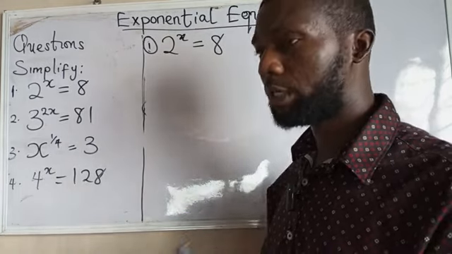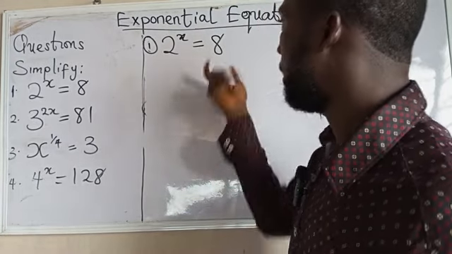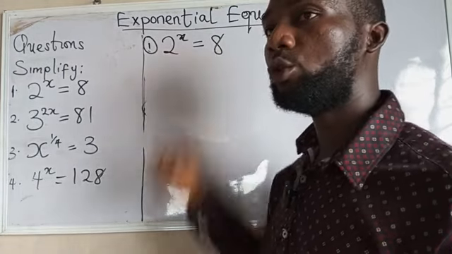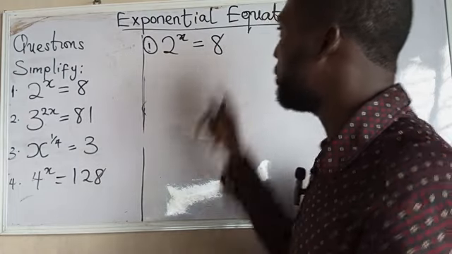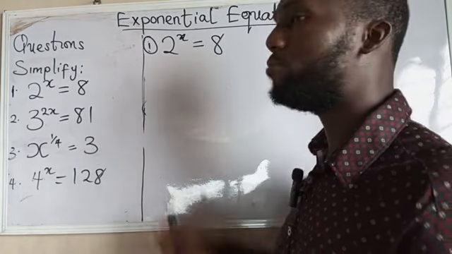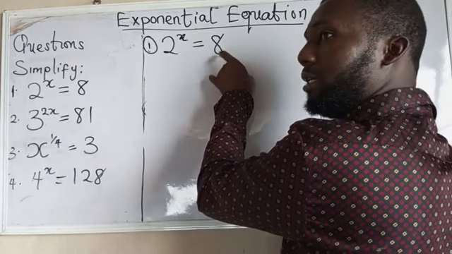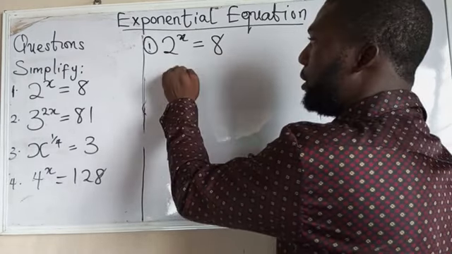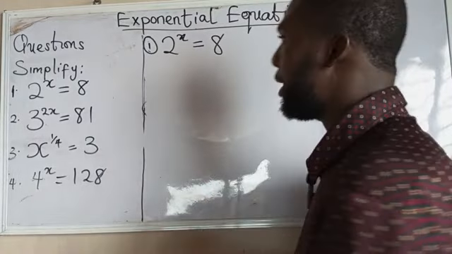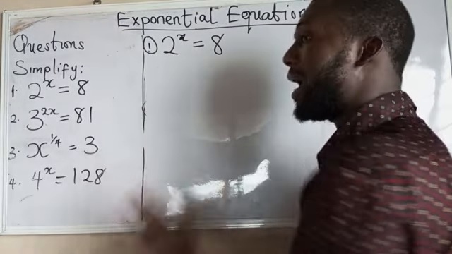Let me repeat this. This is 8. So what am I going to do? I'm going to reduce this 8 to its lowest common base in such a way that this number and the number it is reduced to will be the same. My aim is to make sure that the bases are equal.